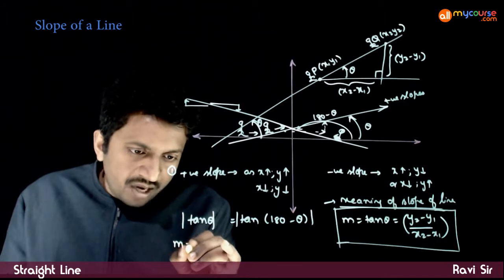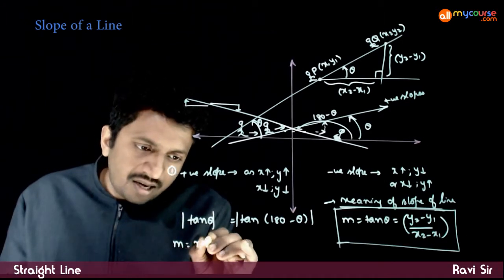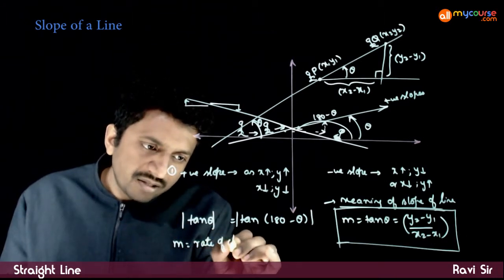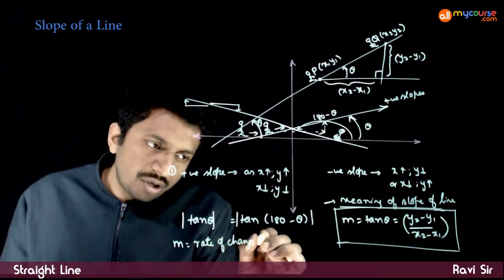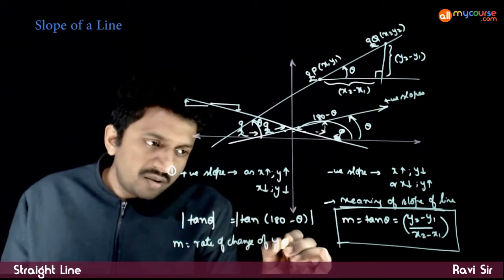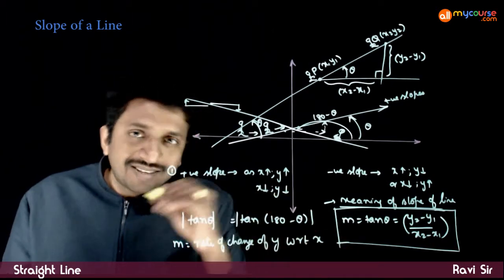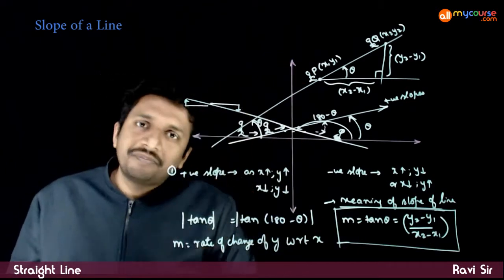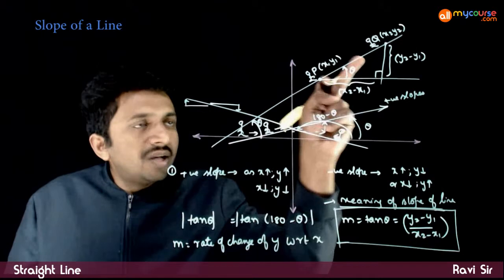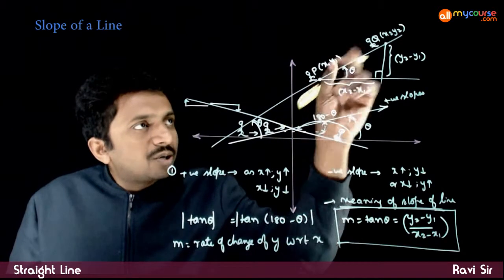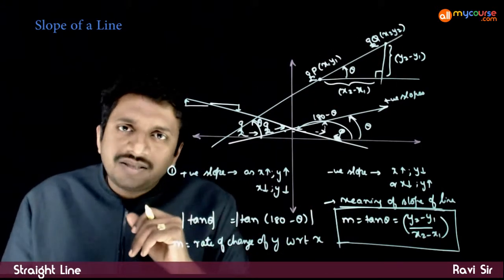And what is the physical meaning of y2 minus y1 by x2 minus x1? The slope of a line is the rate of change of y with respect to x as we move on this line. As we move on this line, both the x coordinate changes and the y coordinate changes.